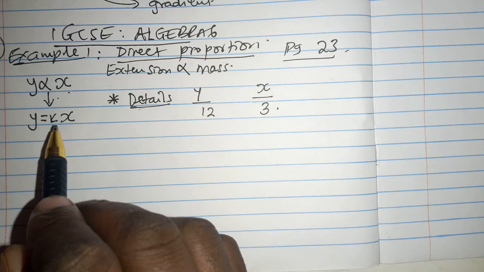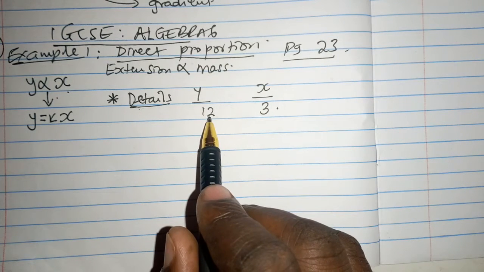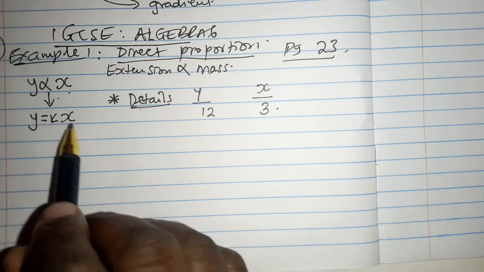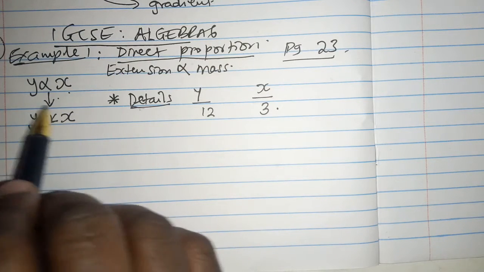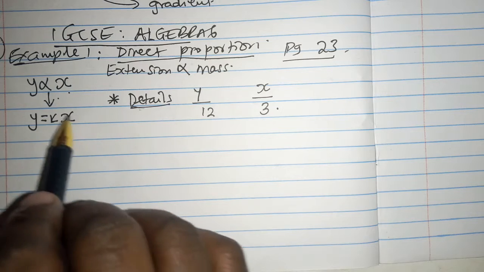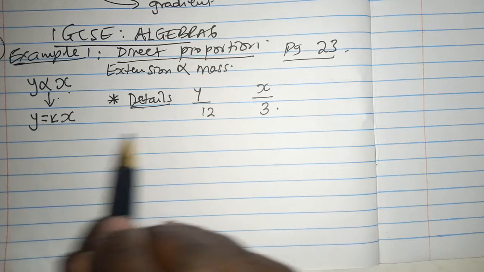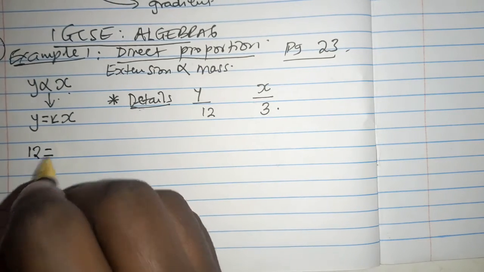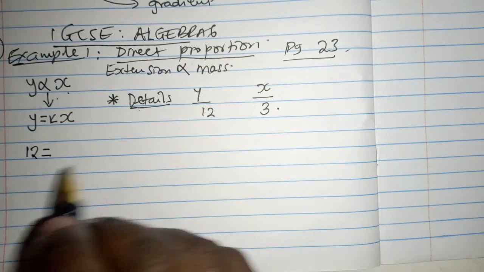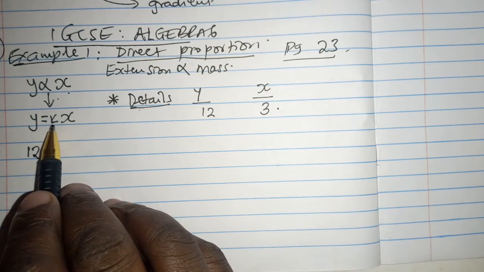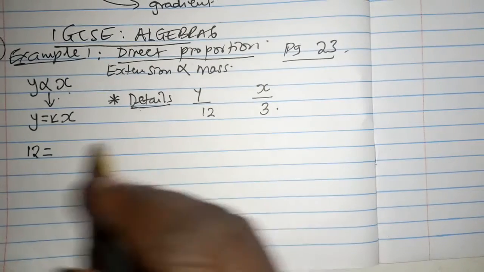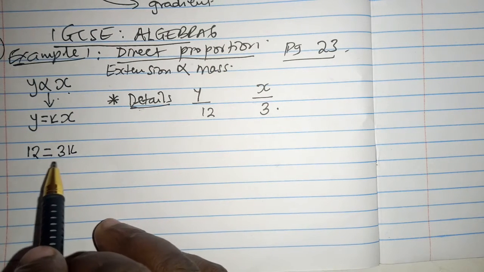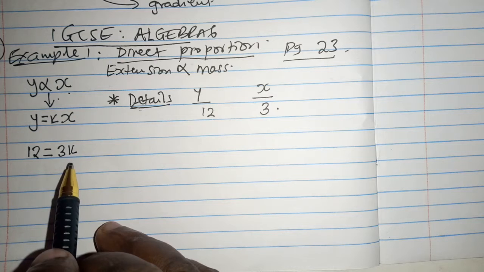At that point, we must take the value of y and the corresponding value of x and substitute them in what we believe is an equation of direct proportionality. So when y is 12, 12 is equals to, of course the constant of proportionality maintains, 3k. It's more mathematical to write 3k other than k3.